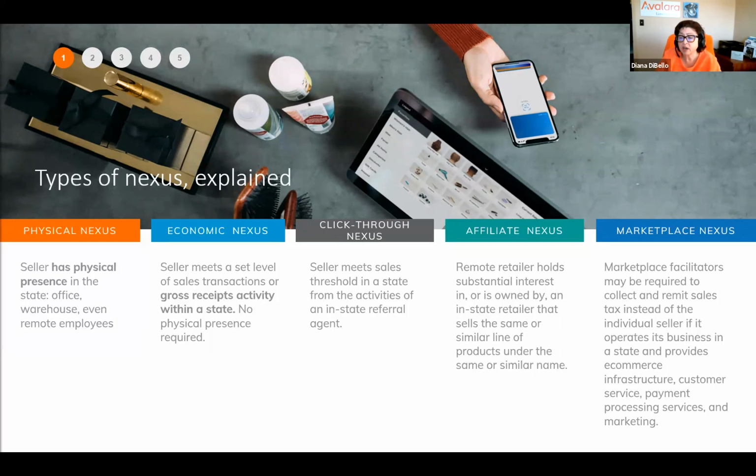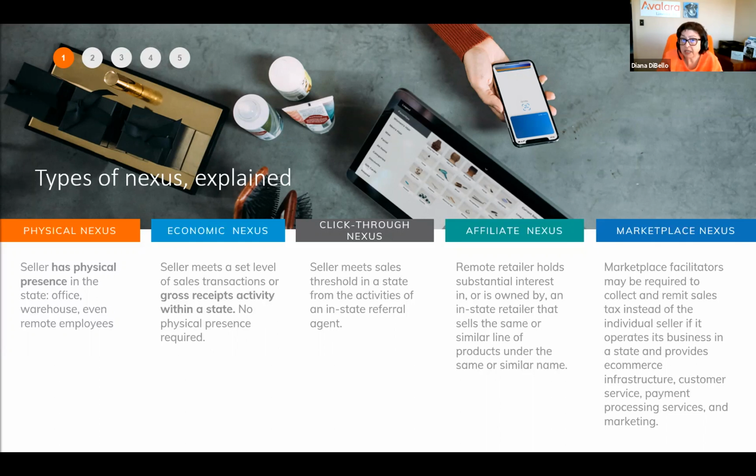But because they were affiliated, whether it be they would get credit for the books that they returned in the store, in the bricks and mortar, or because of the marketing that they shared, they were deemed to be affiliated. So they then created nexus for the bricks and mortar company.